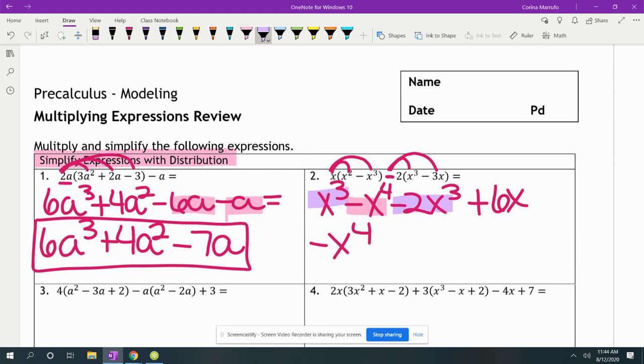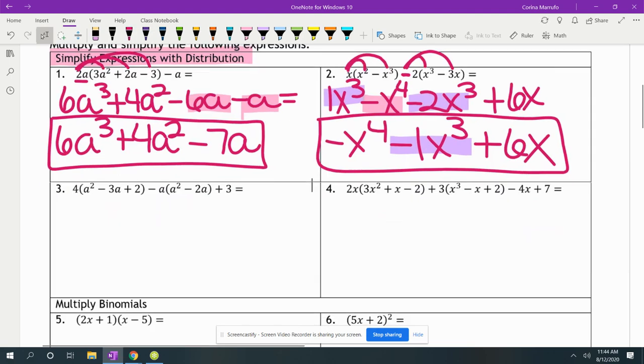Okay, both of them are x to the third power. So you have 1x to the third power, and you take away 2x cubes, and that's going to give us negative 1x cubed. Okay, and then from there, we have this 6x by itself. It has nothing to combine with, so you just write it as plus 6x. So that would be our final answer.